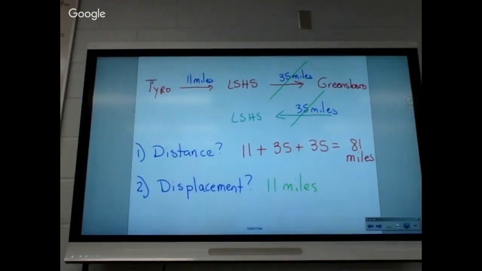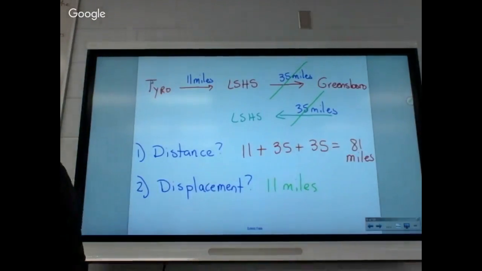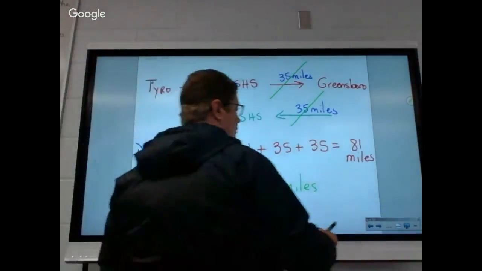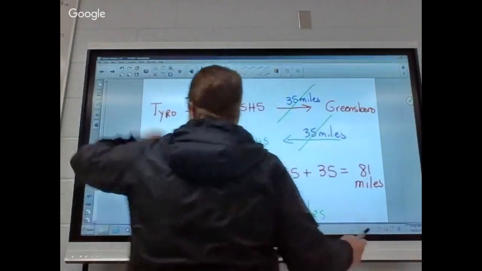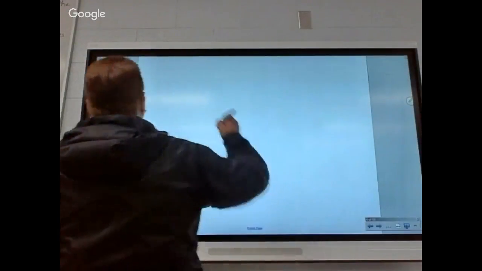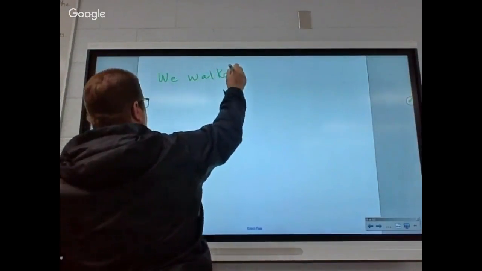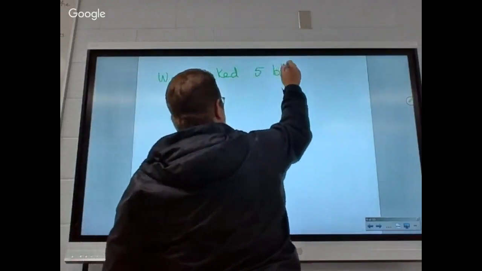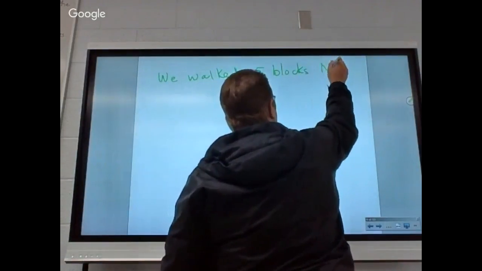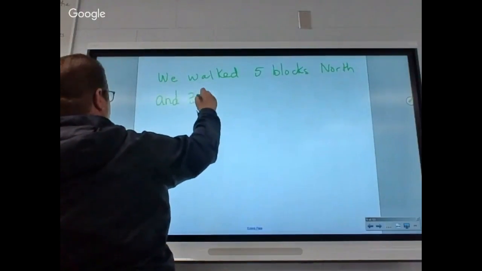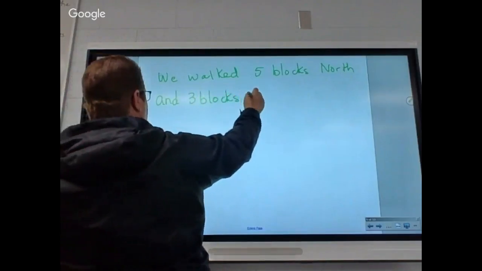Now, those are the sort of weird examples. Now, we have to do the math examples that go with math class. Everybody with me on those? Suppose I said that we had an example where we walk 5 blocks north and 3 blocks east.